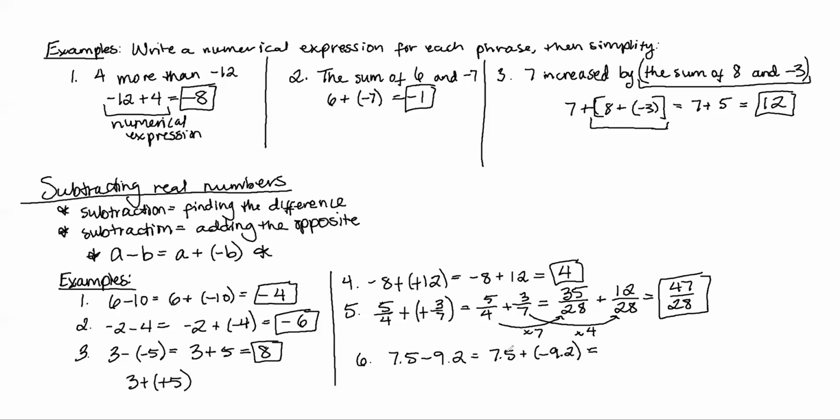And now we have opposite numbers here. So we want to go ahead and subtract. So we'll take 9.2 minus 7.5. Borrow there, get 7 and a 1. So 1.7, and the larger number is negative. So negative 1.7.